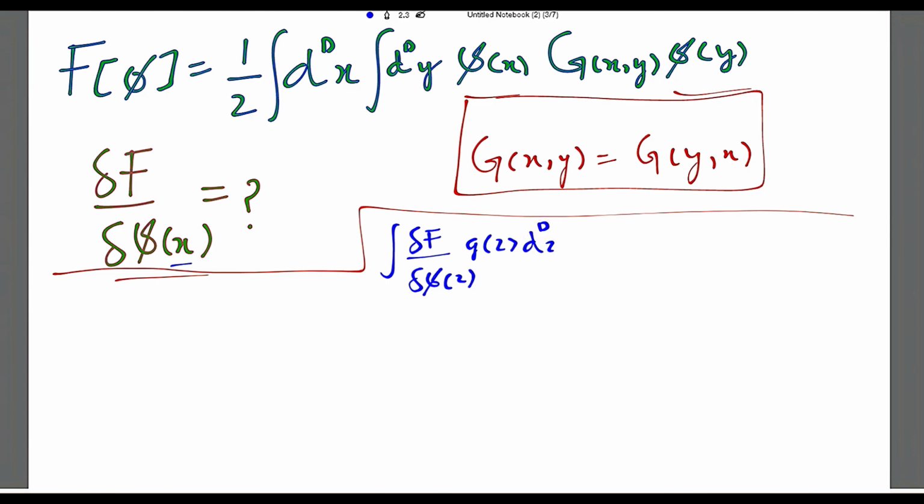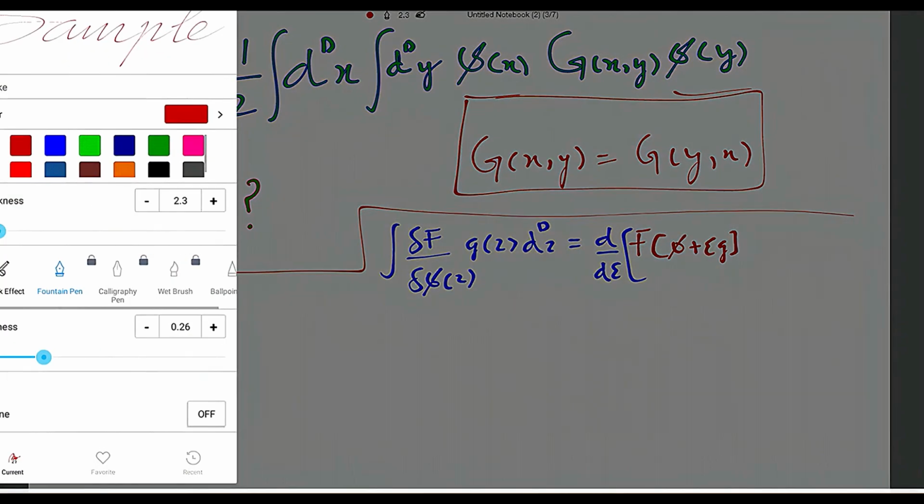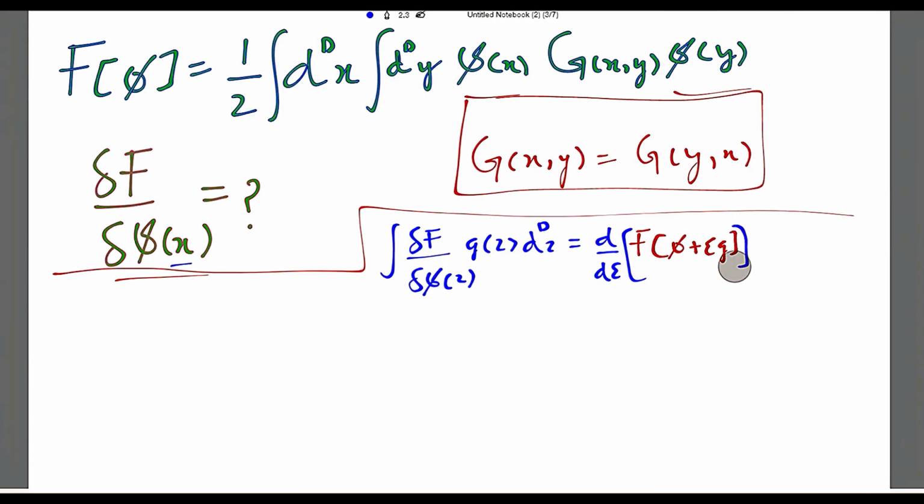Alright, and that equals the differential form, that is d by d epsilon of the functional, where the functional has been perturbed by a small amount, which is epsilon times g. Okay, so that is the perturbation, and we'll also set epsilon equal to 0 at the end.